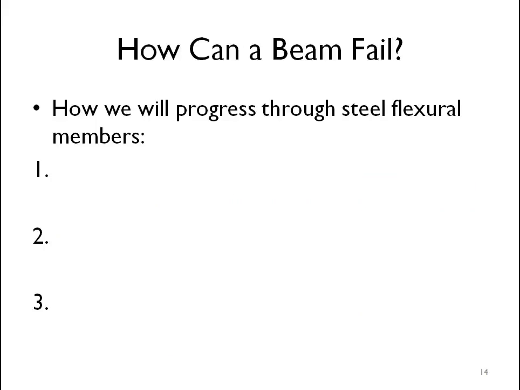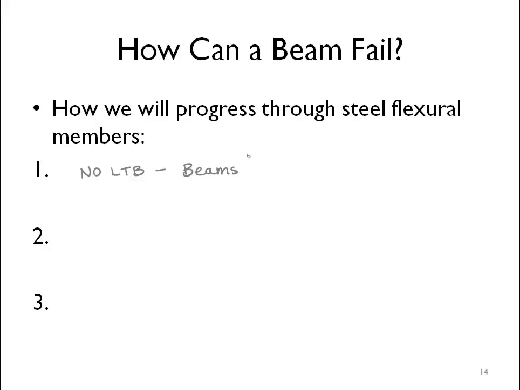So this is how we're going to progress through our discussion of flexural members. We're going to start by assuming that we have no instability, no buckling. So we're going to start our discussion in this lesson plan by assuming we have no lateral torsional buckling.